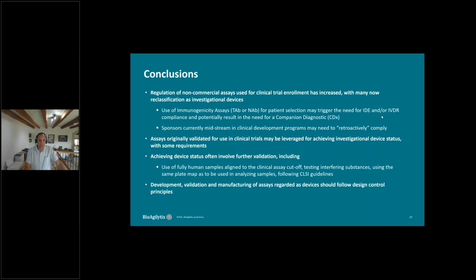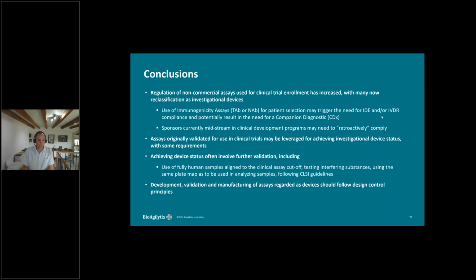We've seen case studies today where the use of immunogenicity assays, whether total antibody TAb or neutralizing antibody NAb assays, for patient selection may trigger the need for IDE or IVDR compliance, depending on whether in the US or Europe, and potentially later the need for a companion diagnostic. We are supporting sponsors who are currently midstream in their clinical development, and we've supported them to retroactively comply with these new requirements.